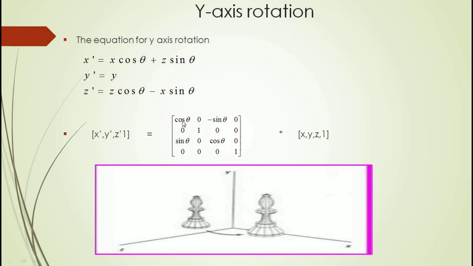Okay, so this column is multiplied by this row, that is x cos theta plus z sin theta, and this one is x dash, y dash, z dash and 1.